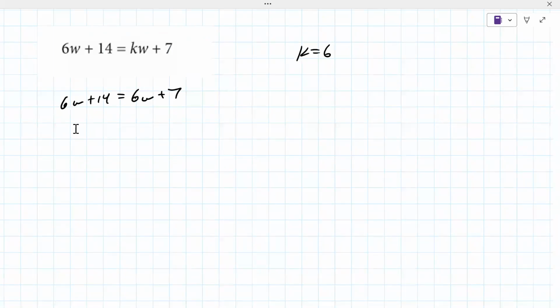No solutions? Yeah, and it's because when you subtract 6W from both sides, you get 14 equals 7, which is not true. This is no solution.